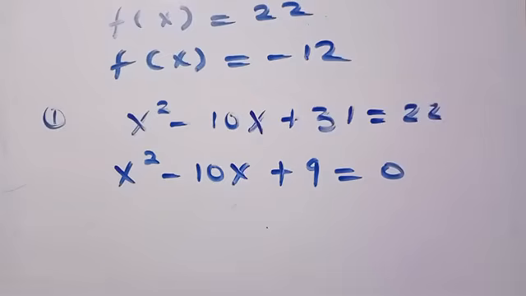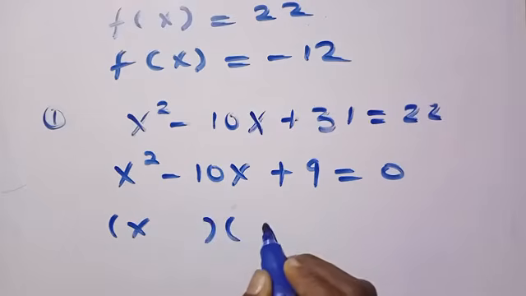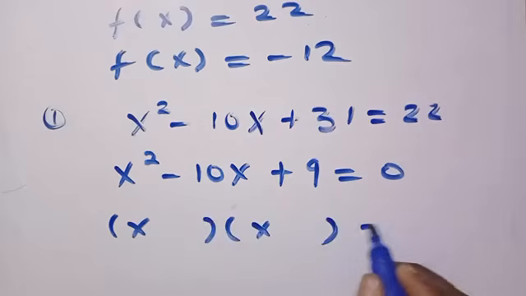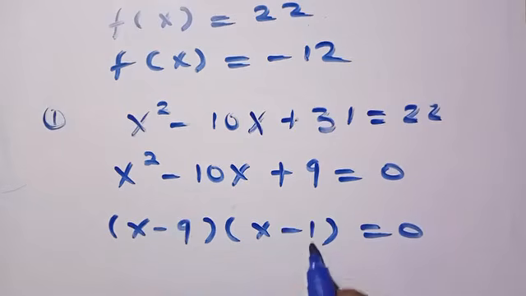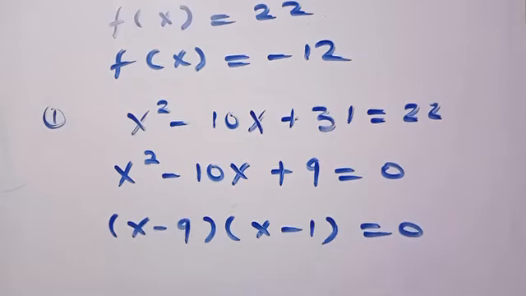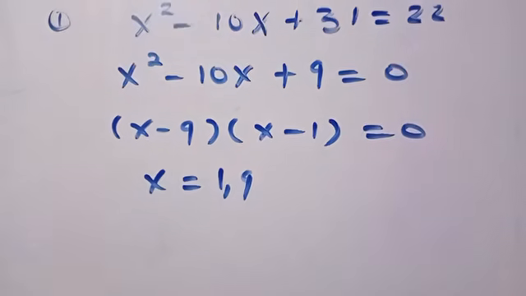So we have a quadratic, and we try to factorize this. So here becomes x, and this is also x in brackets, equals 0. The side here is minus 9 and the side here is minus 1. So this shows that our x equals 1 and 9.